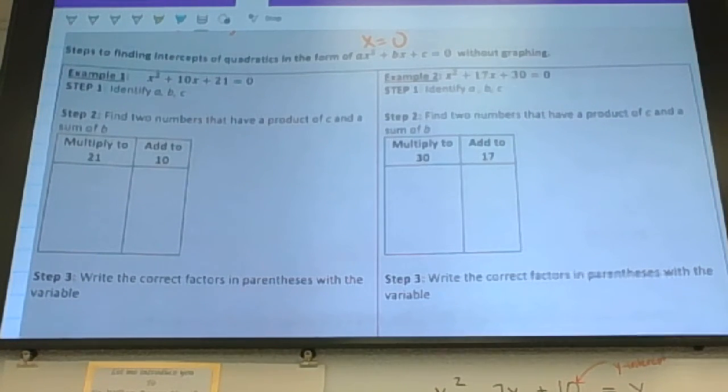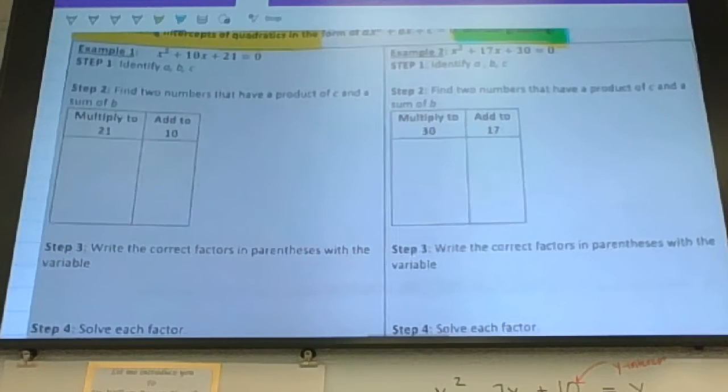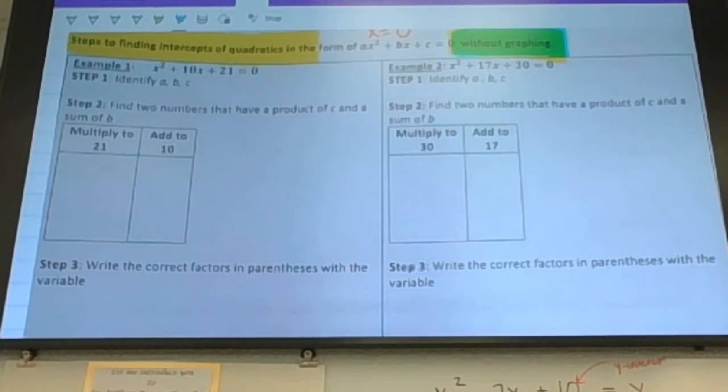Alright guys, flip to the back. Here, I'm going to challenge you to find intercepts of quadratics without graphing. We're going to picture the arch, and we're going to do the math to find those intercepts without using Desmos. Desmos will help you visualize what you're looking for, but here we're just going to do the math. For this example, x squared plus 10x plus 21.